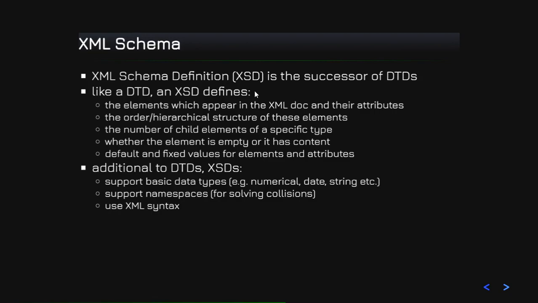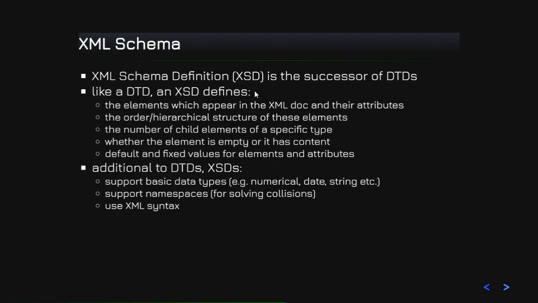It defines the hierarchical structure of these elements, the number of child elements of a specific type, whether the element is empty or it has content, default and fixed values for elements and attributes. So it defines all the rules, not exactly syntactic, but it defines the order and the presence of the tags in an XML document.